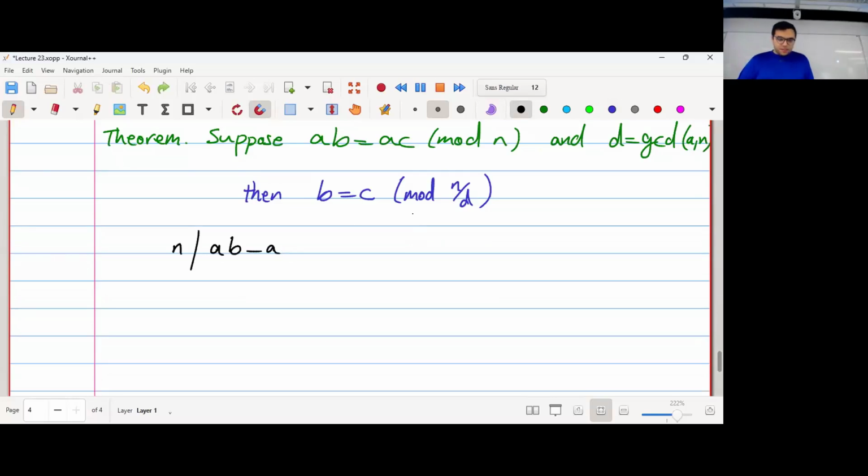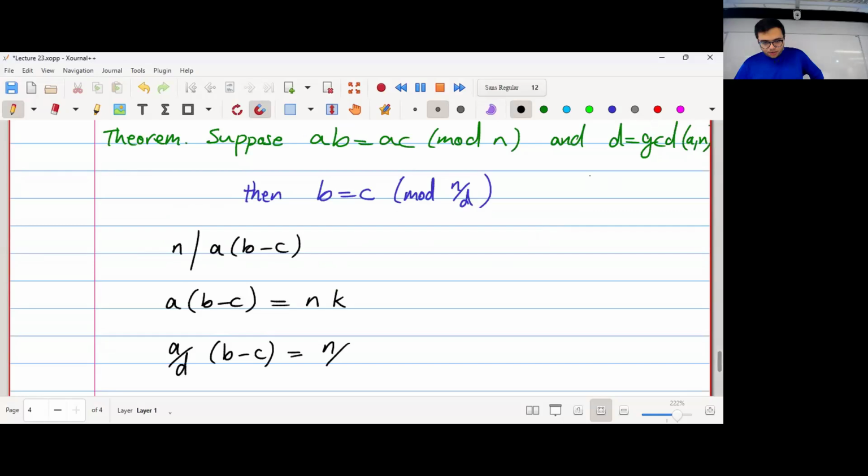Okay, so A times B minus C. Let's say that A times B minus C is N times some number K, because N divides it. Now let's divide both sides by D. What do I get here? I'll get A over D times B minus C is N over D times K.